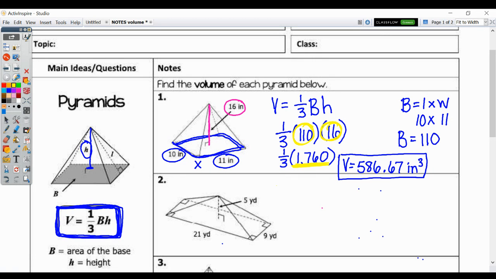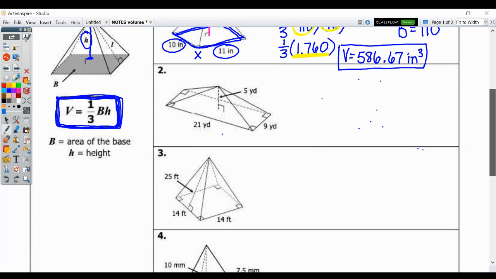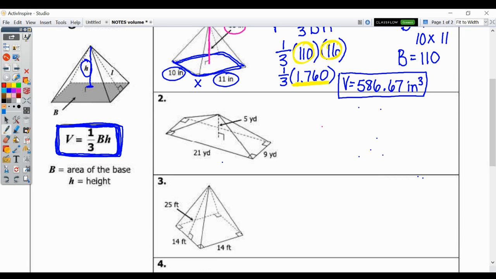Okay? All right, let's scoot down here and let's do number 2. I would ask myself what kind of figure this is, and it's a pyramid. So I'm going to write down the formula for a pyramid: volume equals 1/3 capital B H. My capital B is going to be the area of the base.